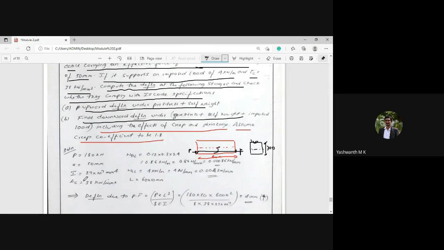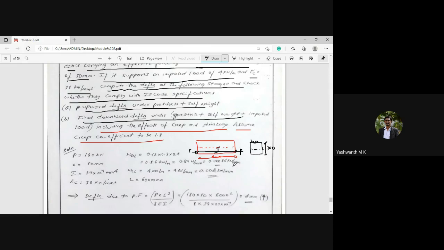Then modulus of elasticity of concrete 38 kilonewton per millimeter square. Then coming to the dead load, WDL equal to 0.12 into 0.3 into density of concrete 24 kilonewton per meter cube, which is 0.86 kilonewton per meter or 0.86 Newton per millimeter or 0.00086 kilonewton per millimeter.